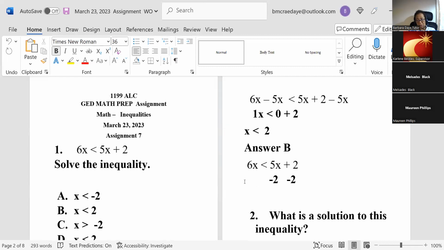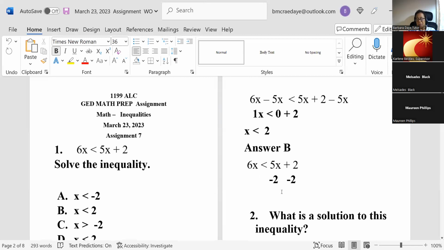Okay, so when I did that, I bring down the 6x, cancel the x, get a 0 on the right. And then I have plus 3. No, that's another thing. You cannot subtract a 2 from 5x. No, you don't get a 3 because that's not an x. See, remember in order to subtract coefficients, you must have the same variable.